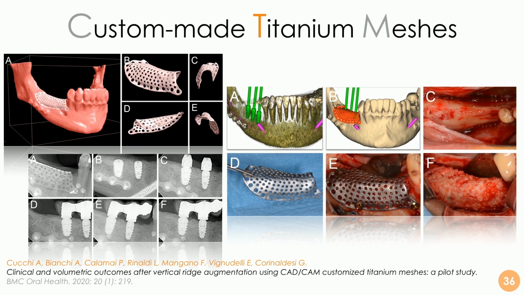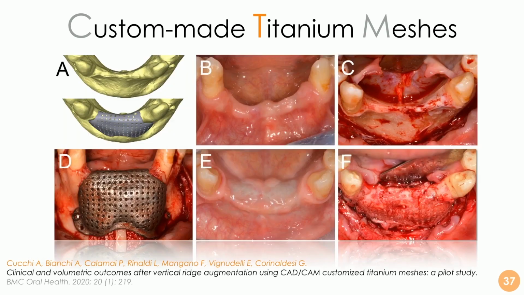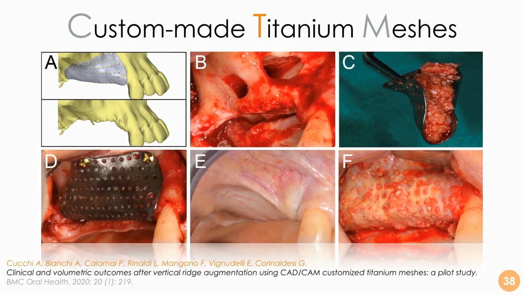it is less important. The most important thing is the performance of the mesh, and as we can see from these beautiful cases made by Dr. Cucchi, the results were exceptional in different areas: posterior mandible, anterior mandible, posterior maxilla, anterior maxilla. A lot of new bone for the placement of the implants with these custom-made titanium meshes for bone regeneration.